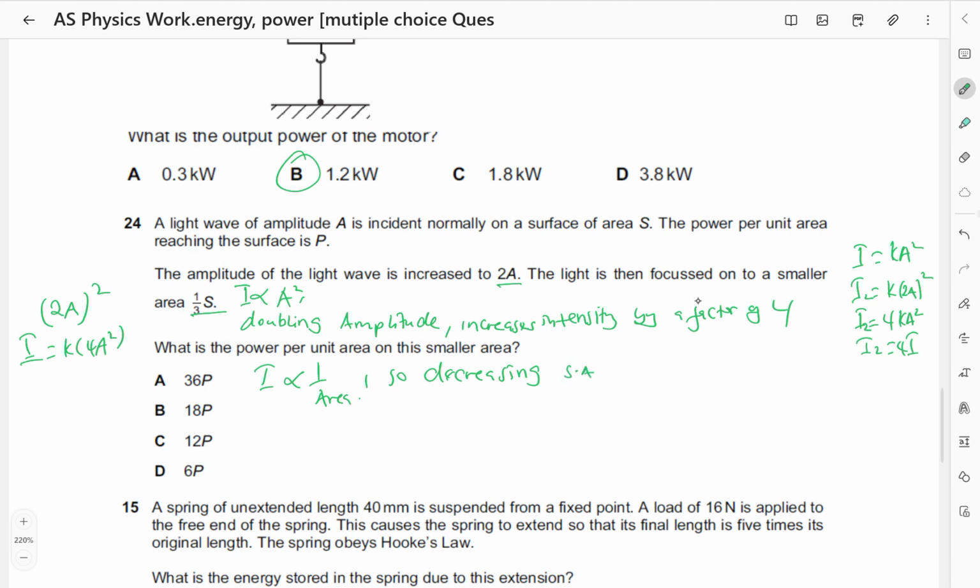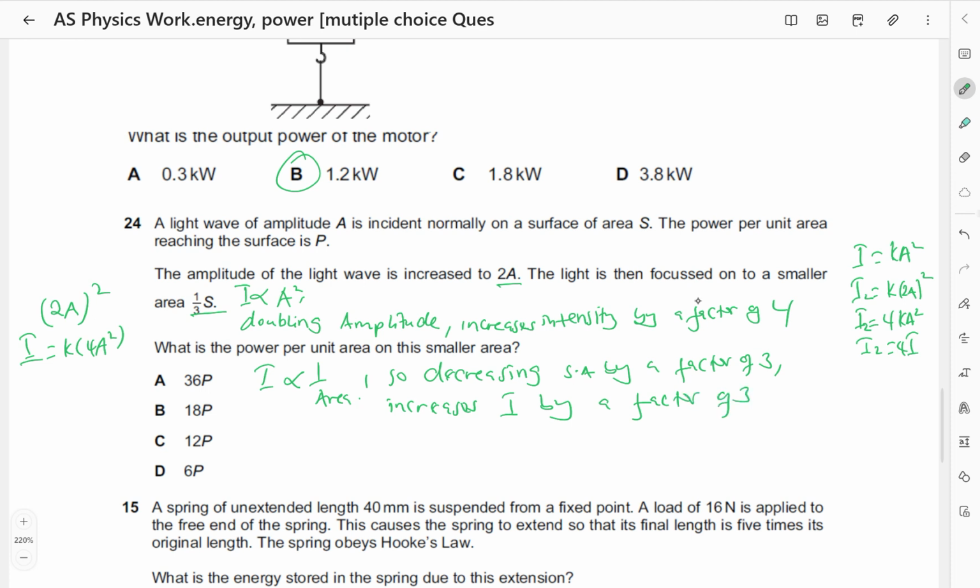Because they are inversely proportional, decreasing the surface area by a factor of 3 increases the intensity by a factor of 3.